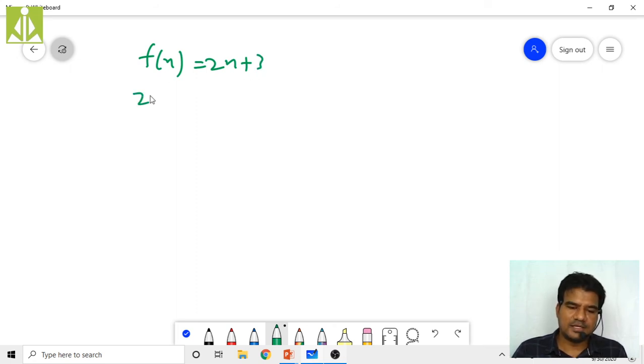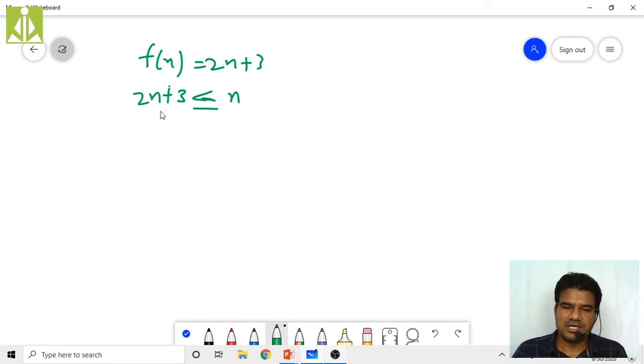Take 2n plus 3 on one side, and we have to make this less than or equal to some function g of n, keeping in mind those two positive constants c and n naught. Can I make this n? Can this equation be balanced if you make it like this? Take n as 1. What will this value become? 5. 5 is less than or equal to 1? It becomes false.